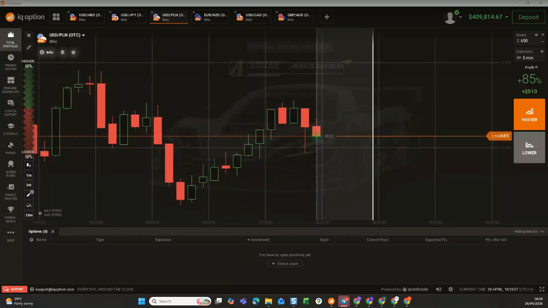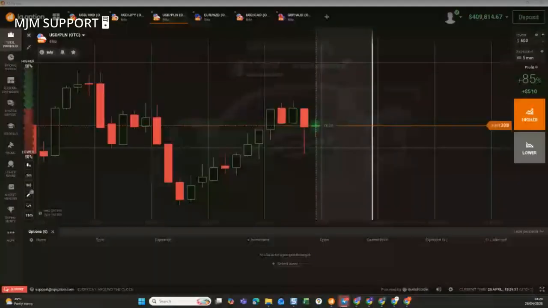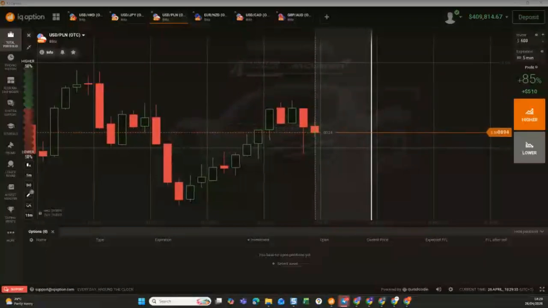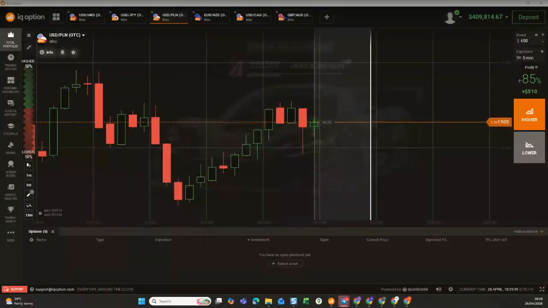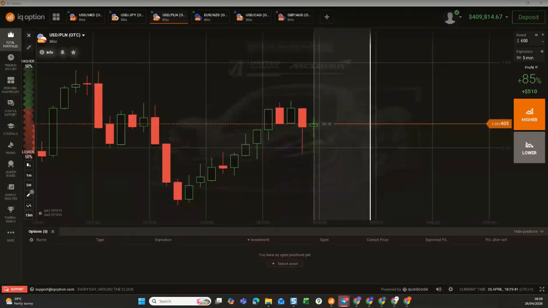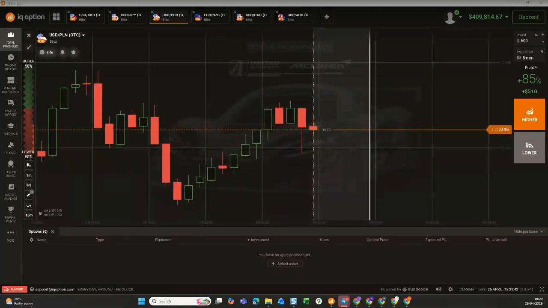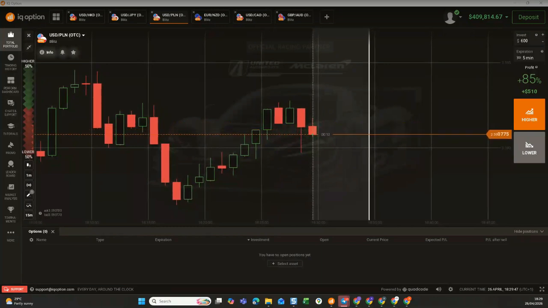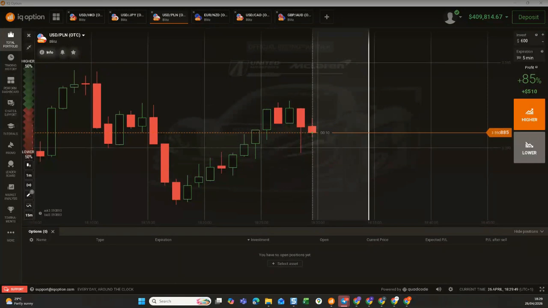Why? Because you have a plan. Just because you have something that can give you money every single minute does not mean that you should risk everything you have on that particular one. No, you have to also be strategic. You have to plan. And that is what makes you a better trader to anybody out there.